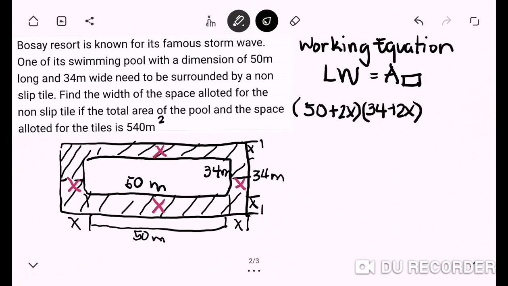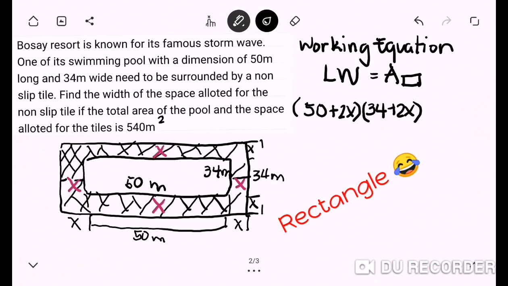So, para malaman natin kung ano yung magiging width nitong space na to, through analysis, pwede nating kunin yung area ng malaking rectangle at isubtract natin yung area ng maliit na rectangle. So, ibig sabihin, we can subtract yung maliit na rectangle.